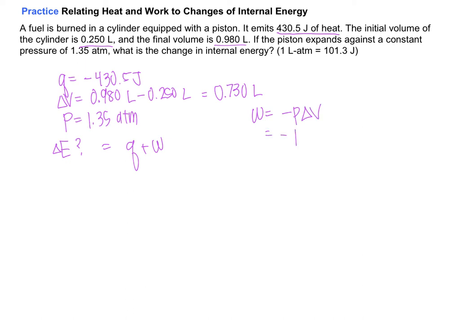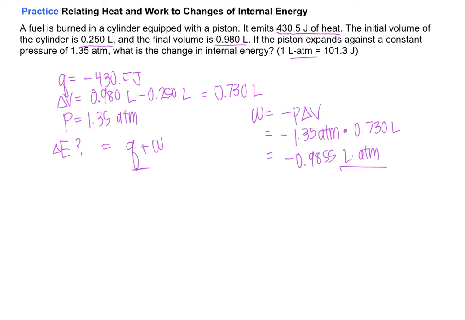I have negative 1.35 atmospheres times delta V, 0.730 liters. So that gives me my work as negative 0.9855 liters times atmospheres. Now, my units for heat are in joules, and this is liter atmospheres, so they're not the same, so we can't add them together.